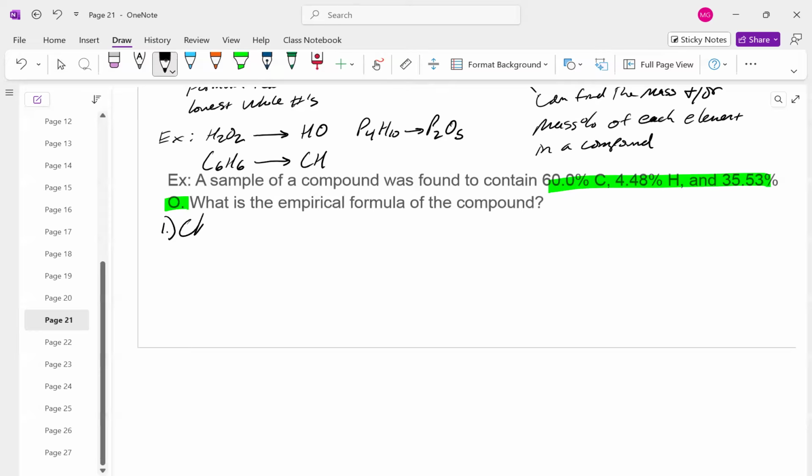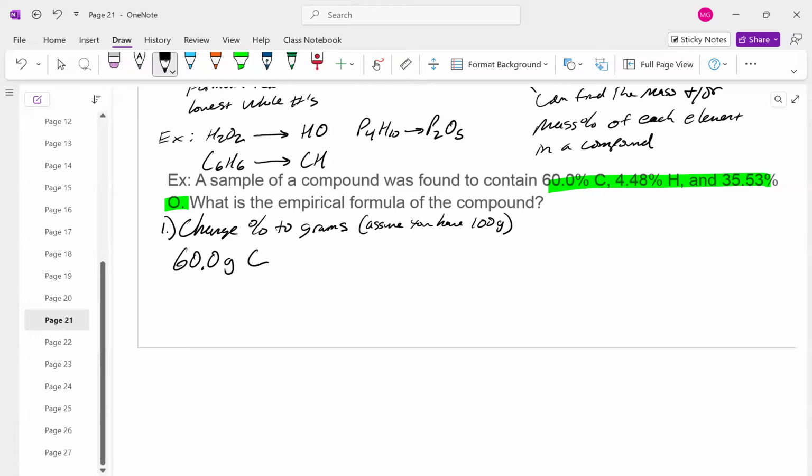Step one is to change all the percentages to grams. And the easiest way to do this is just assume you have 100 grams of that element. Because if this thing is 60% carbon and I have 100 grams, that's 60 grams of carbon.